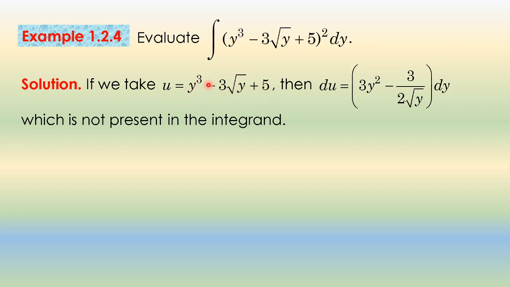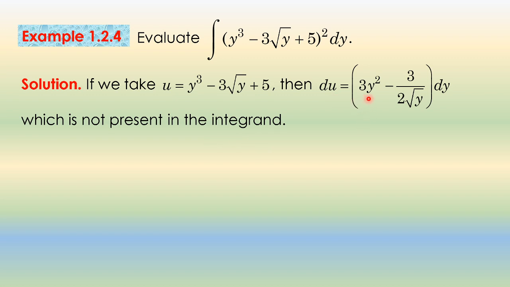The differential of y cubed is 3y squared dy, while the differential of negative 3 square root of y is negative 3 over 2 square root of y dy. Hence, the differential of u is equal to 3y squared minus 3 over 2 square root of y quantity dy, since the differential of 5 is 0.